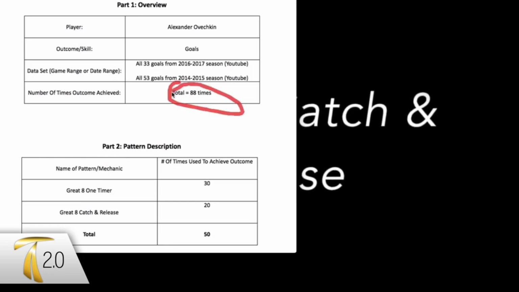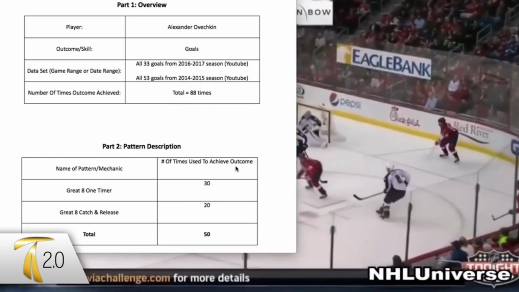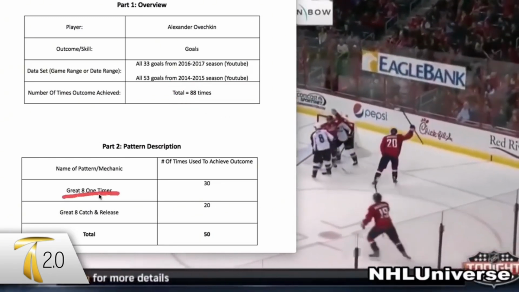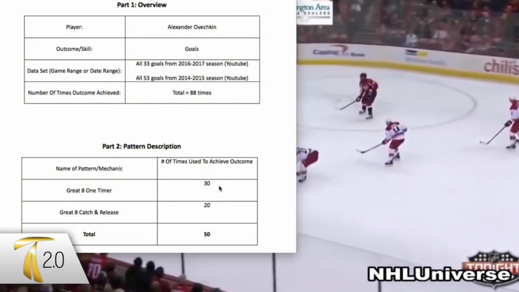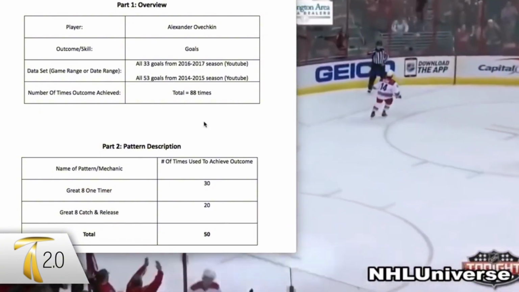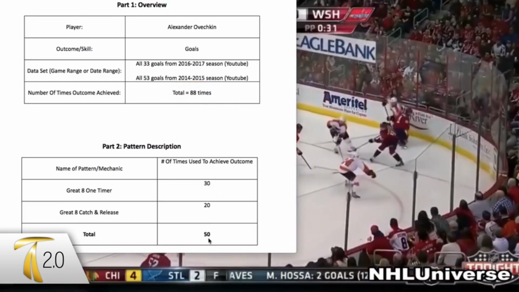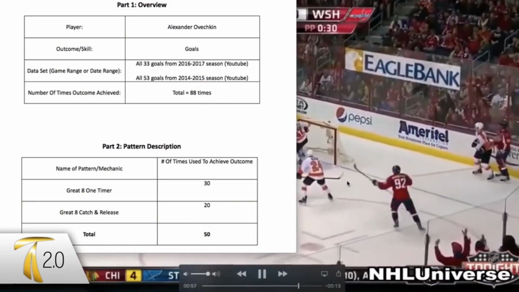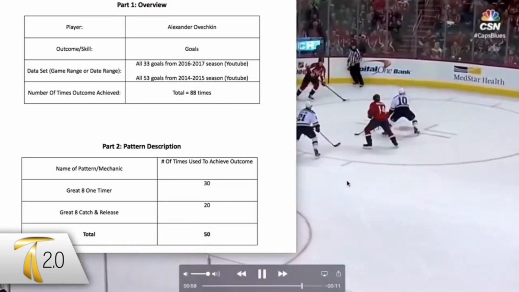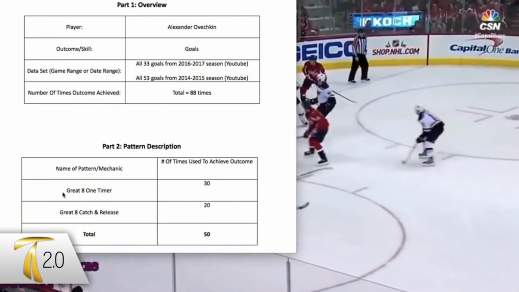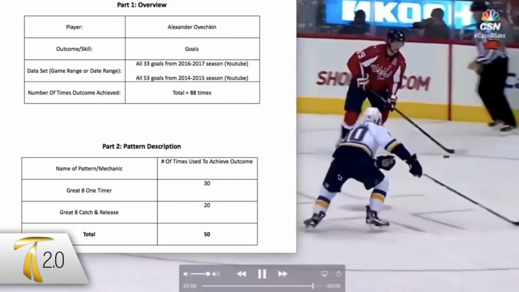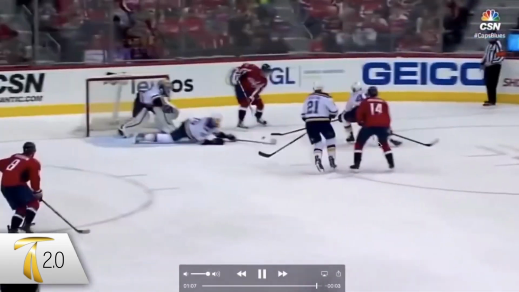He had 88 goals in those 2 seasons, and we found 2 patterns, the grade 8 one-timer and the grade 8 catch and release. This is predominantly how he's scoring his goals. Of his 88 goals, he scored 50 using these 2 very simple patterns, but obviously he's a master at these simple patterns. So the first one we're going to look at is the grade 8 one-timer.